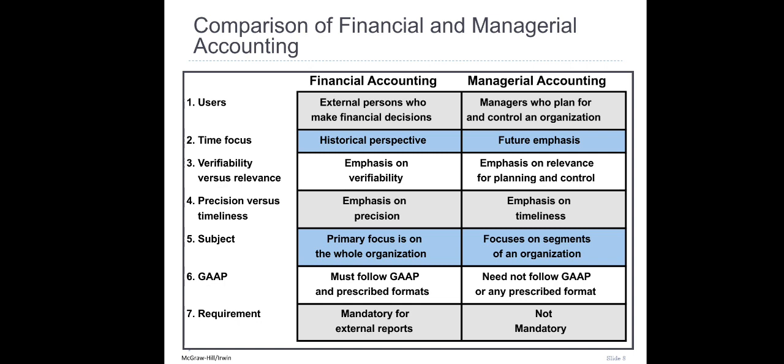That difference is not written in this slide, but remember this: the output of financial accounting is the financial statements, but for management accounting, there are two main outputs: budget and cost report.